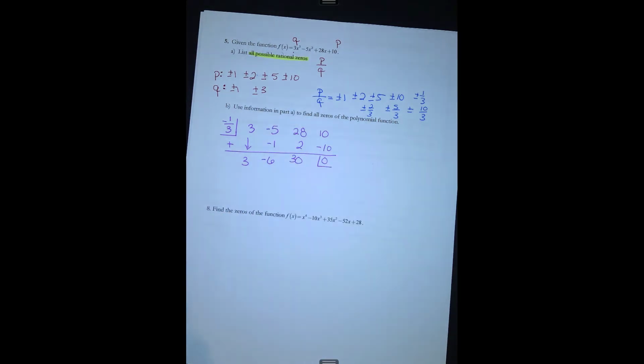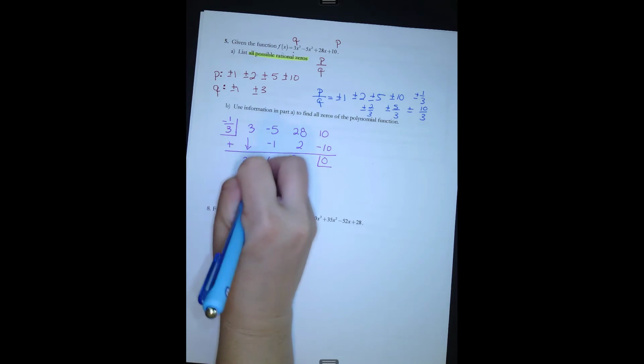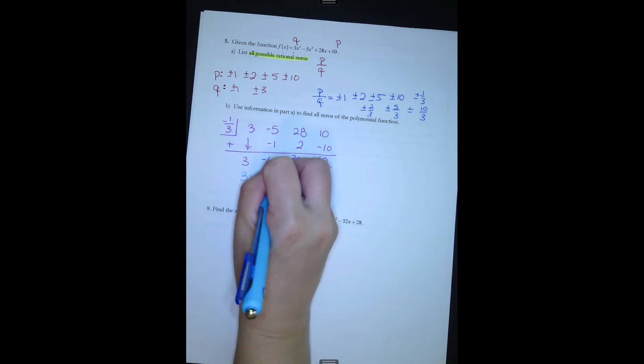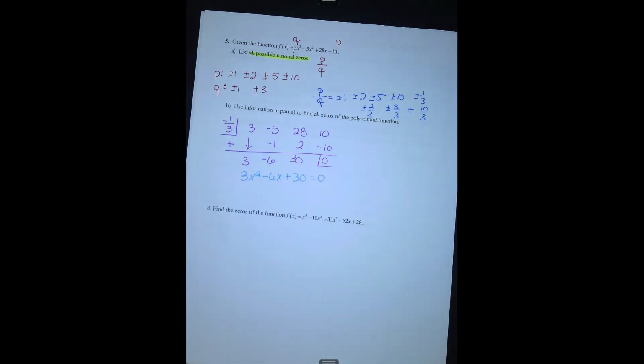And now, since this was a cubic, what we are left with is a quadratic. So we have 3x squared minus 6x plus 30 equals 0. And from here, we can try to factor.